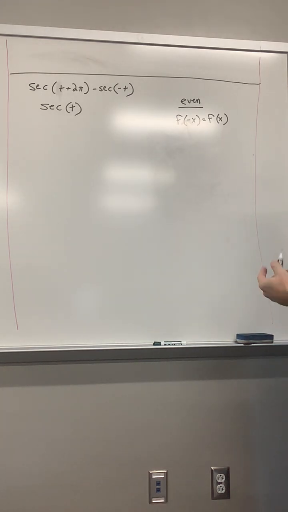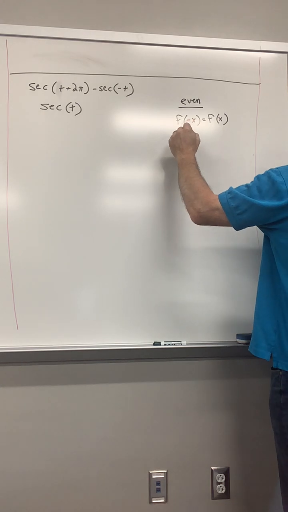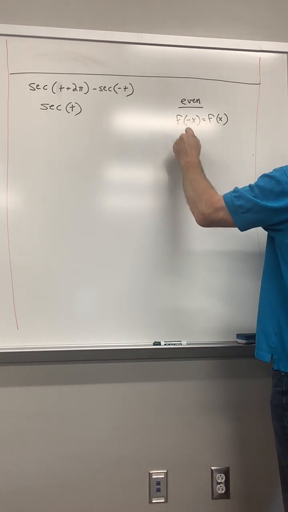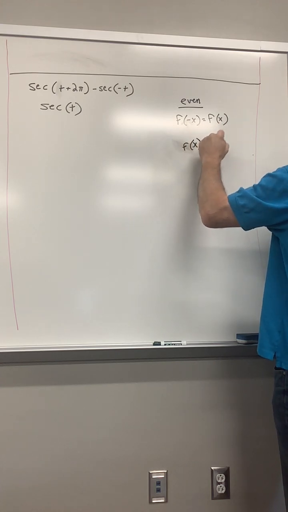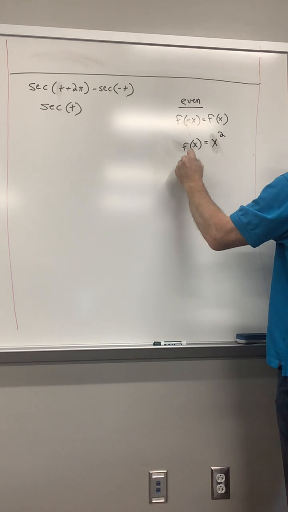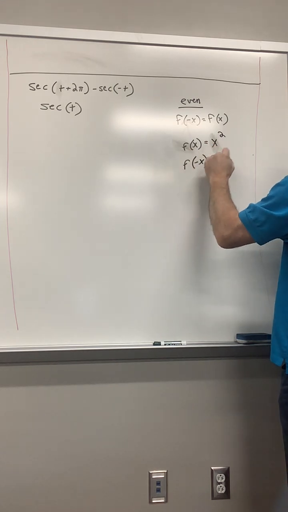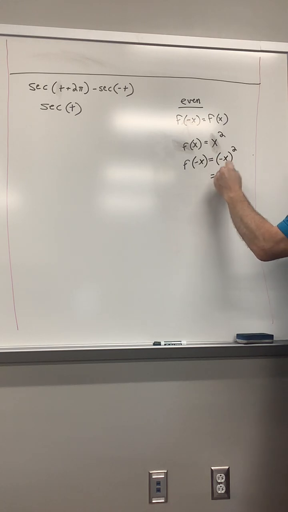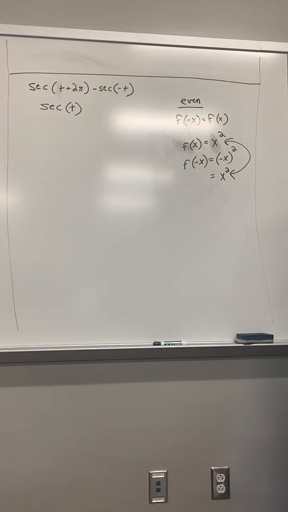Which means, if you remember 171, you would have something like, we'll go with f of x equals x squared, but f of negative x equals negative x squared, but when you square a negative, the negatives cancel, and I get x squared, I get the same thing. That's what makes it an even function.